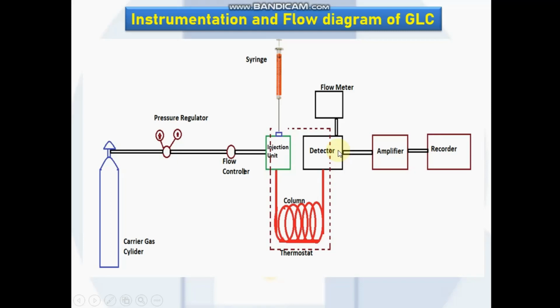The detector produces electric signals proportional to the concentration and number of components. The signals are amplified by this amplifier and recorded as peaks at intervals on the chromatograph.